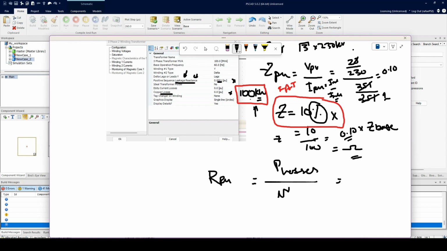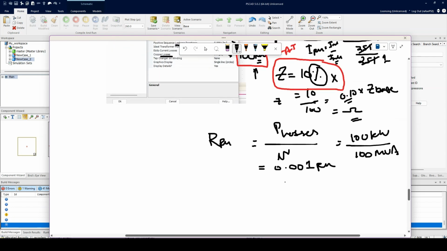If you do that, 100 kilowatts divided by 100 MVA, you will get 0.001 per unit, right? So now what do we have here?